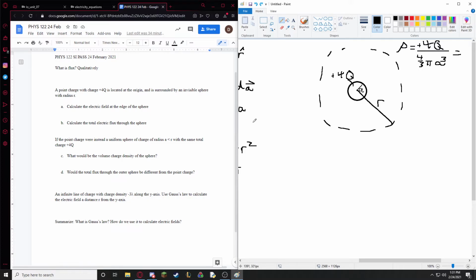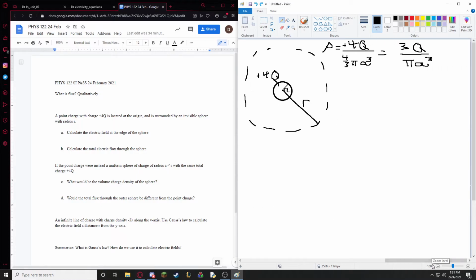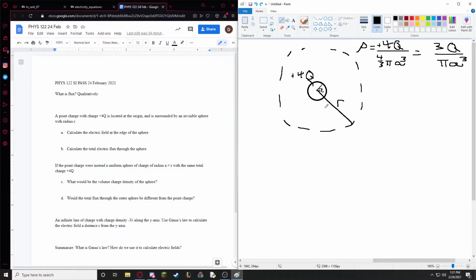That leads us into Gauss's law. So what exactly is Gauss's law? Does anyone want to give me their best explanation of what Gauss's law is, and how we would use it to calculate our electric field here?